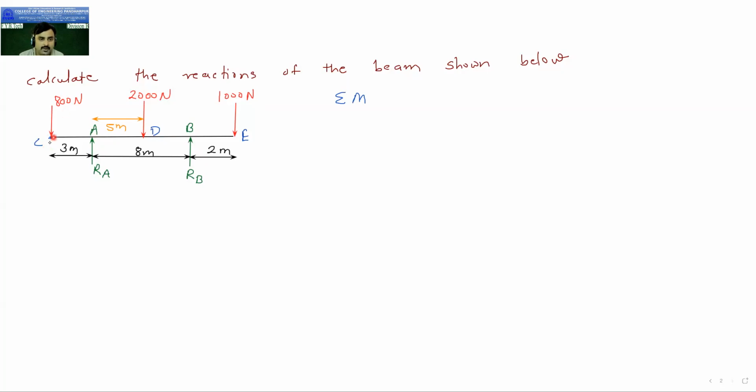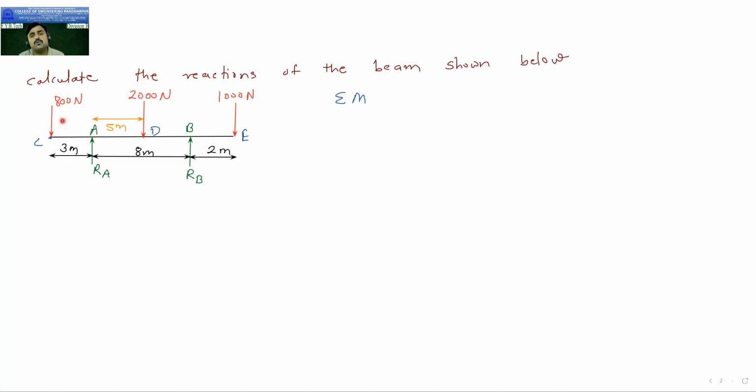See, at any point you can take the moment. But if I apply the equation of moment for point C, then in that equation RA will also get some moment about this point, and RB also will get some moment about this point. So in that equation we will get two unknowns, RA and RB both.